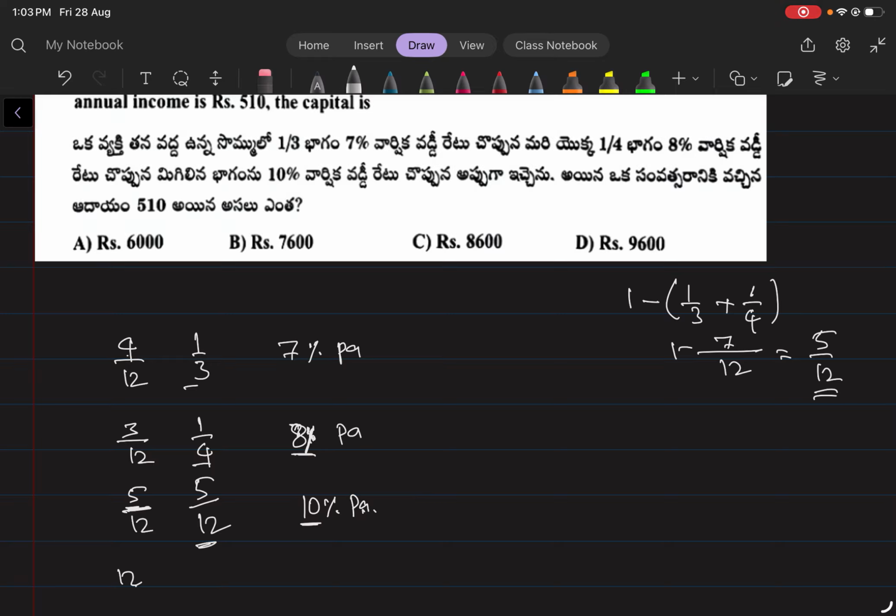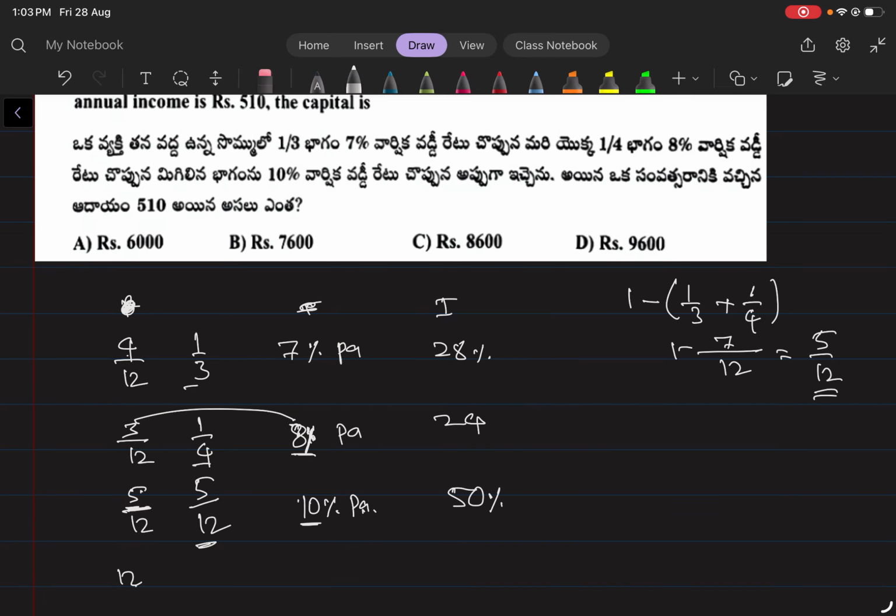So 4 into how much interest will we get? Interest is, this is time period, this is principal amount. The interest we will get is 4 into 7 is 28, and 3 into 8 is 24, 5 into 10 is 50.